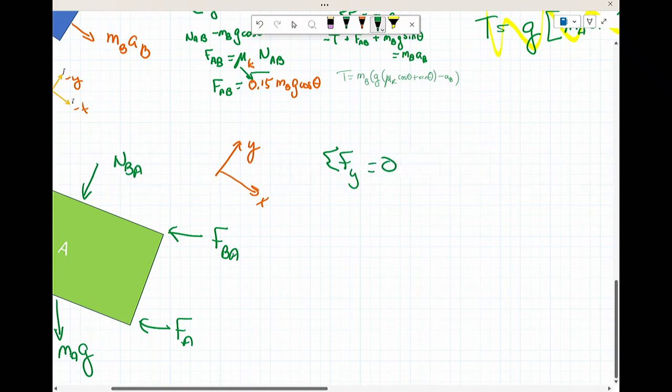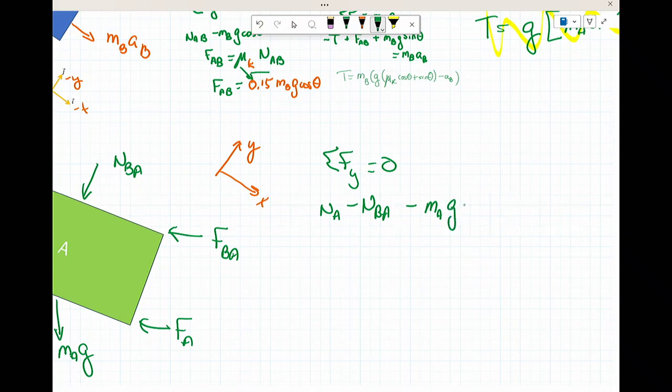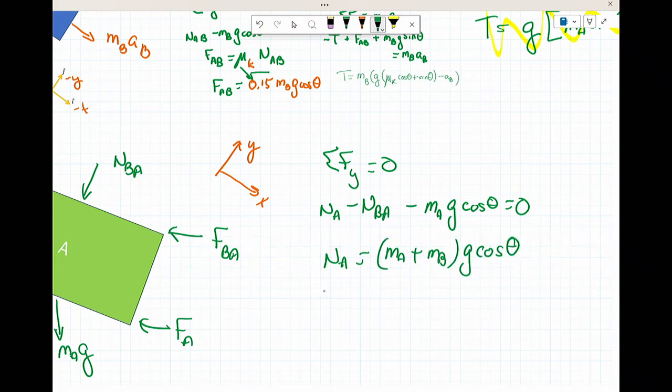So sum of forces in y equals 0. NA minus NBA minus MAG cos theta equals 0. NA equals MA plus MB G cos theta.